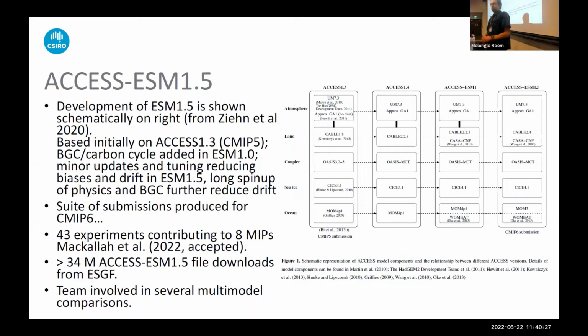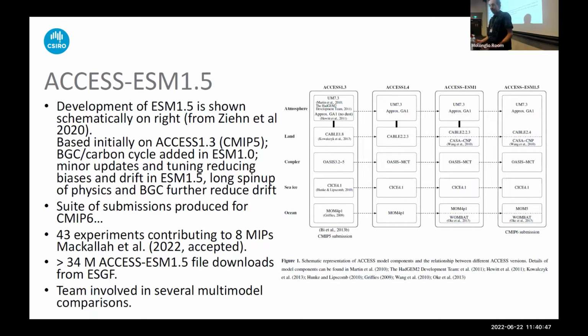ESM 1.5 was prepared, and it went forward with CMIP6. And Chloe's paper has just been accepted, and there's a nice comprehensive list of all the work that was done with the Access models, including the ESM, towards the CMIP6 project.